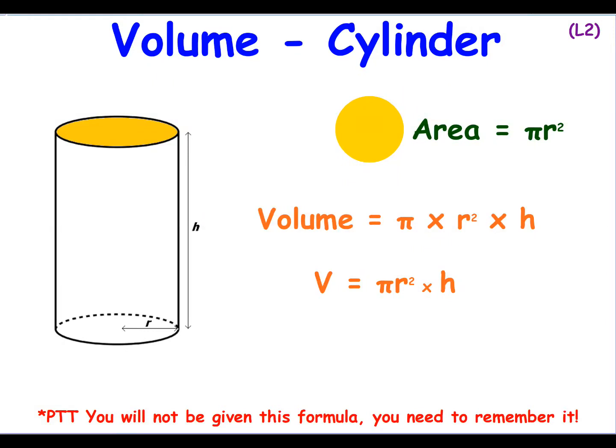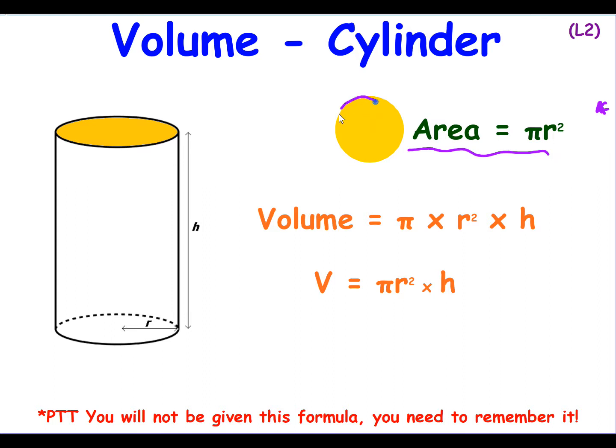Now let's look at the volume of a cylinder. Now again, as with the two-dimensional shape, the circle, the area is pi r squared, and you need to commit that to memory. You need to memorize this formula. With our other three-dimensional shapes, the cylinder is no different.